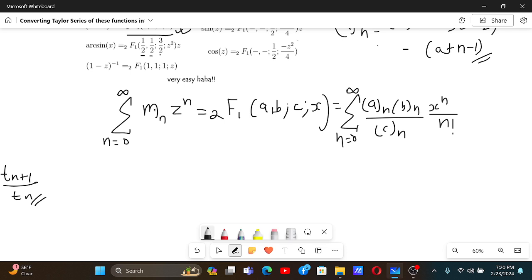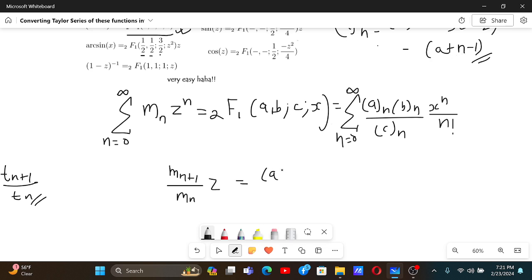and then equate them. So from here it will just be m n plus 1 by m n times x equals, from over here, the n plus 1 term will have a product up to a plus n, and the nth term will have a product up to a plus n minus 1.